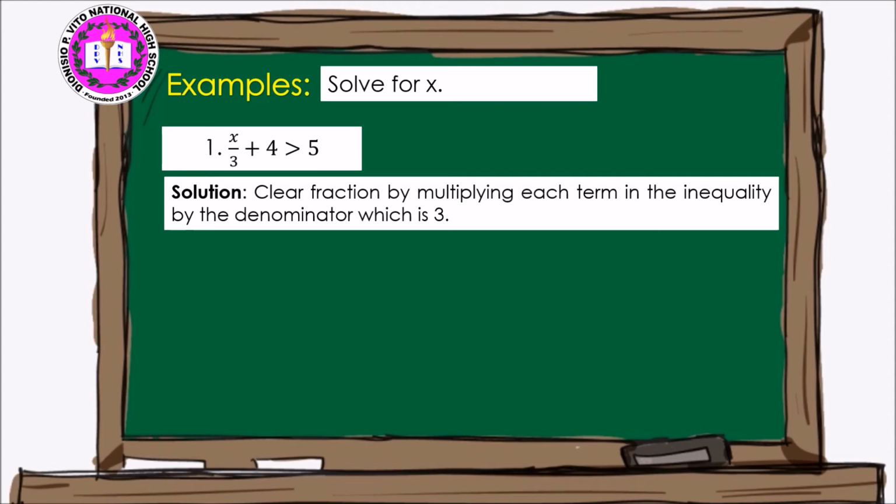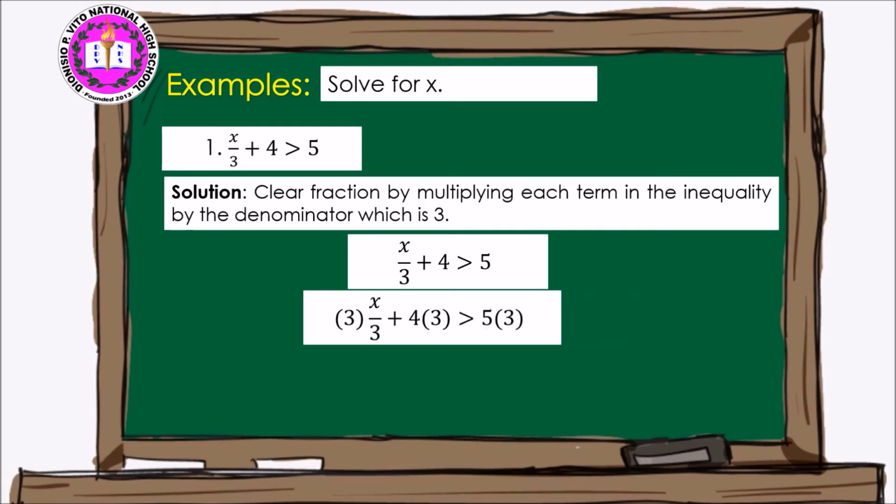So we have our inequality x over 3 plus 4, which is greater than 5. So we're going to multiply each term of the inequality by our denominator 3. So we have 3 times x over 3 plus 4 times 3, which is greater than 5 times 3.